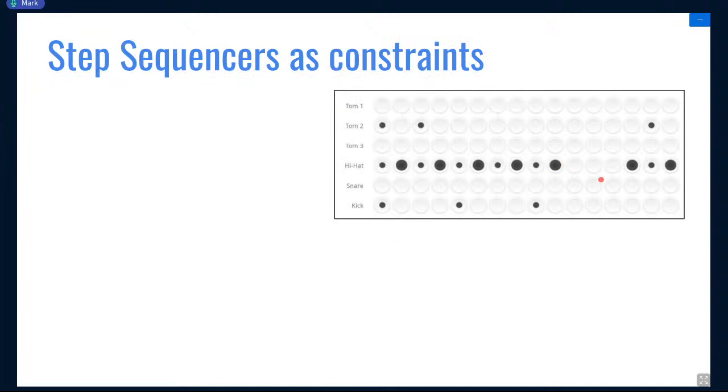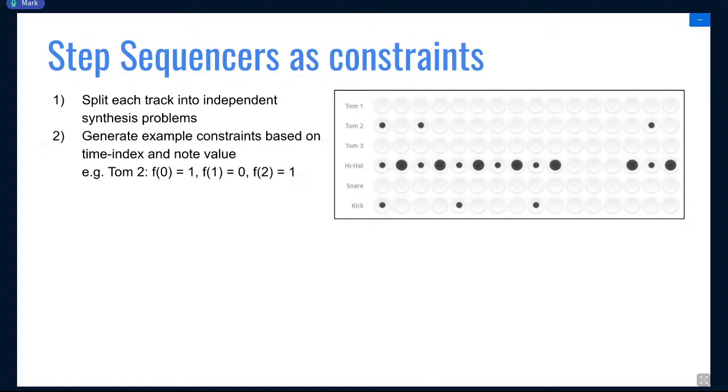So let's just take a look at a high-level overview of the approach I'm taking here. Let's say we have this pattern here that we want to synthesize. What we're going to do is split each track into independent synthesis problems. So we're going to be solving each pattern as its own synthesis problem.